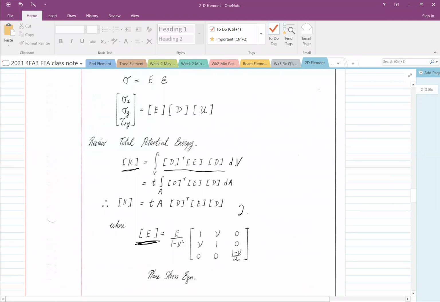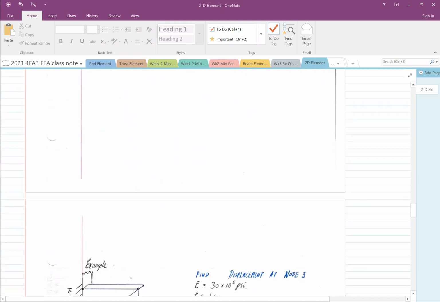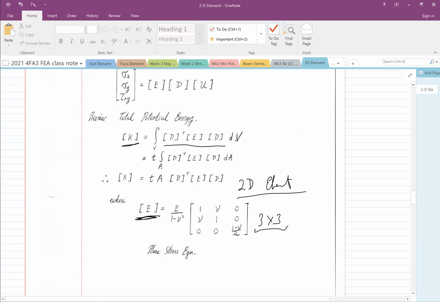For 2D elements, the elasticity is still a constant, but it's a 3x3 matrix. It's not a single term anymore. So we have B, we have D, and we have B. Then we calculate the stiffness matrix for the 2D elements.